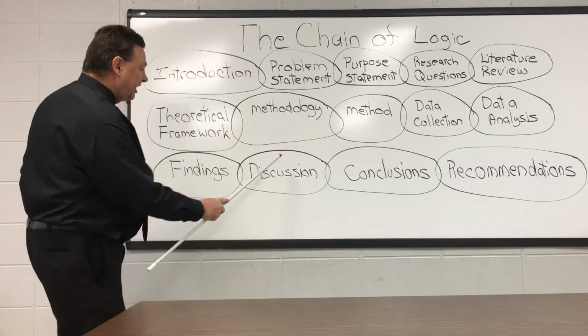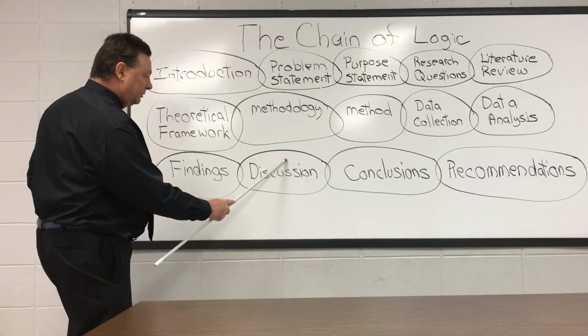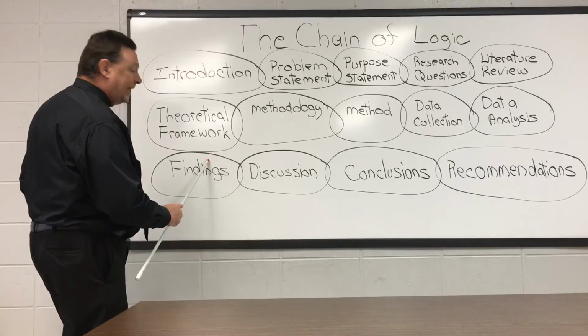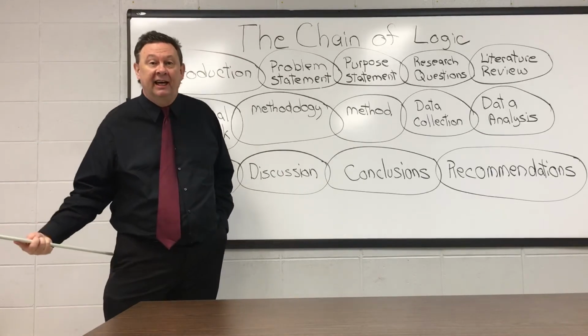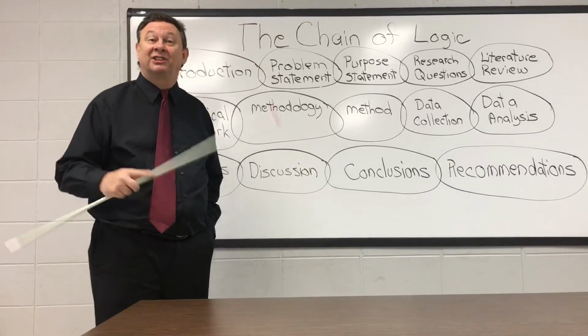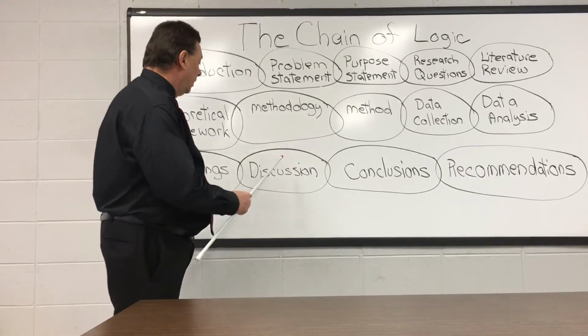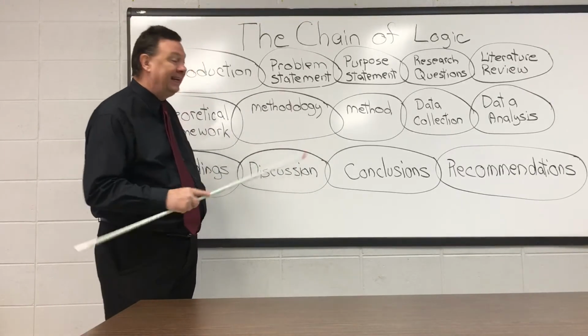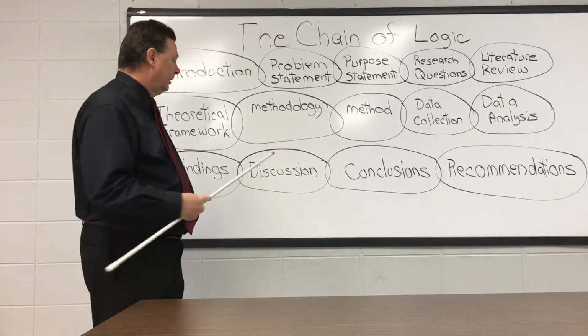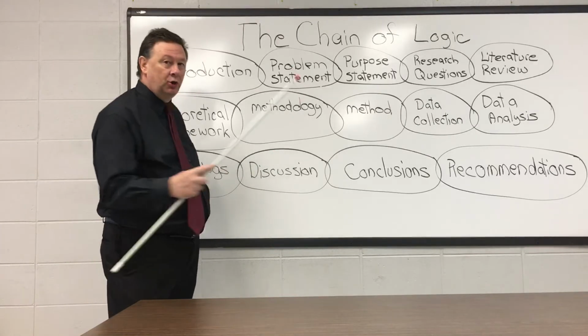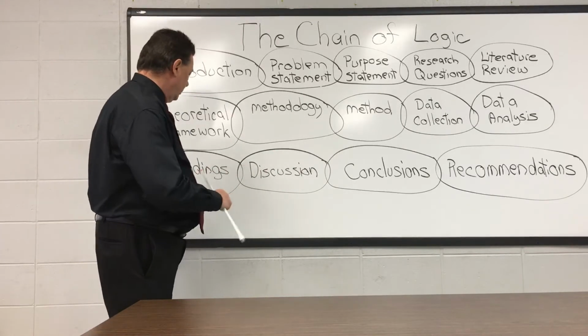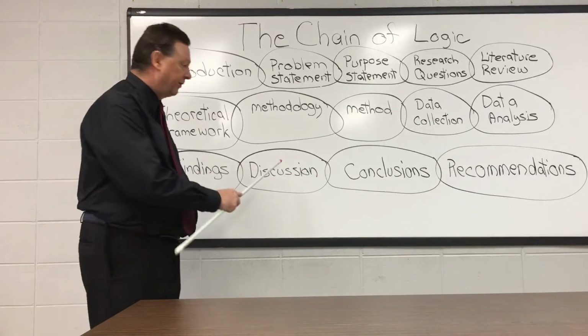Many students make the mistake of putting much of what is supposed to go in the discussion section in the findings, and then they end up with nothing to say, so they say nothing or they say the same thing over again. Also, if you have any ideas that you want to add to this discussion, this is where they go.